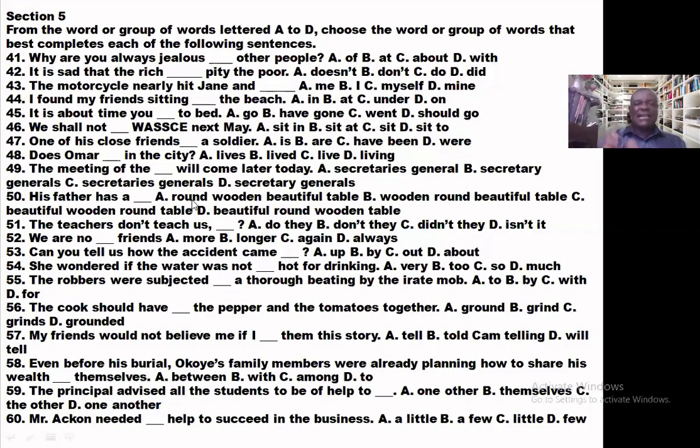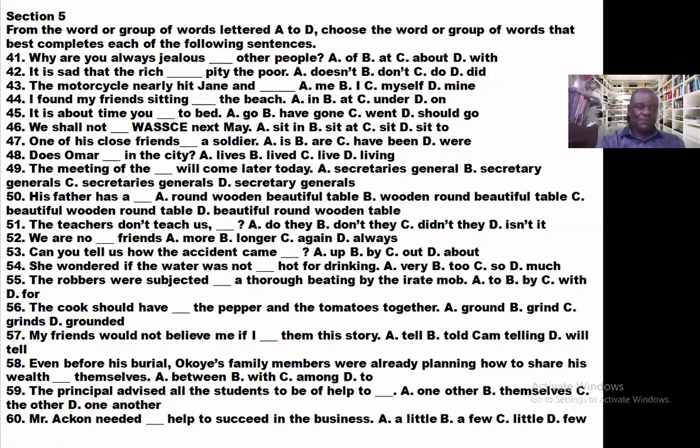But the general principle is that what comes first is usually the adjective of quality, what is called the observation adjective, the one that has to do with observation or opinion. Opinion comes before fact, all right?